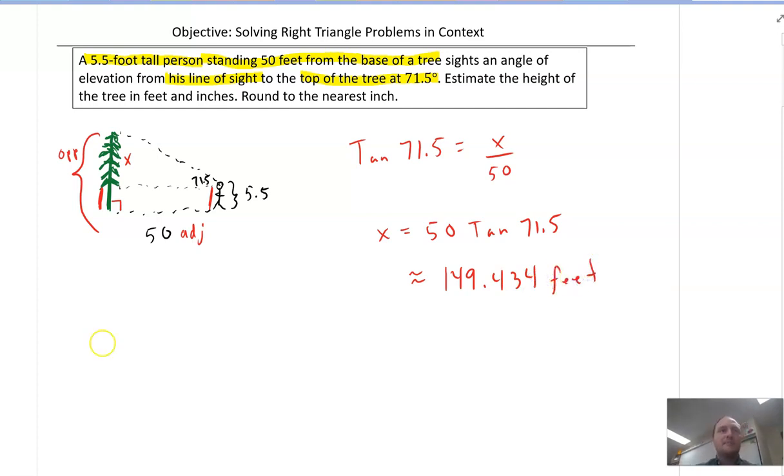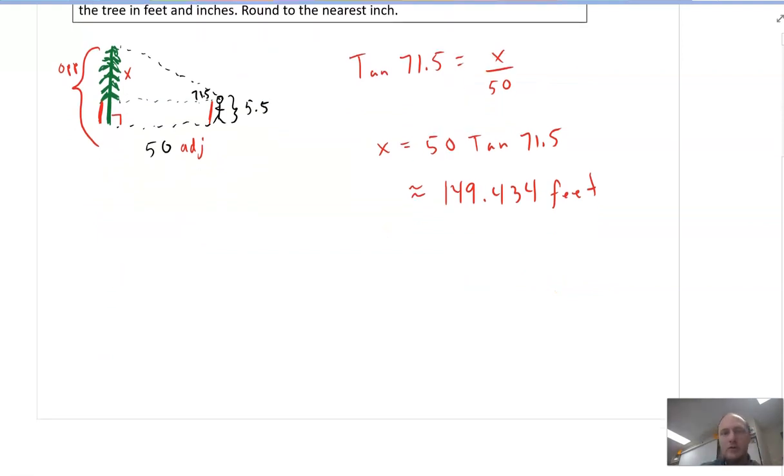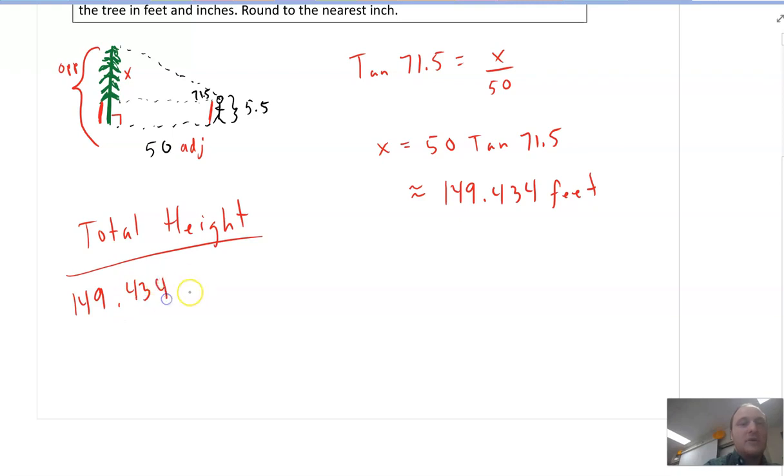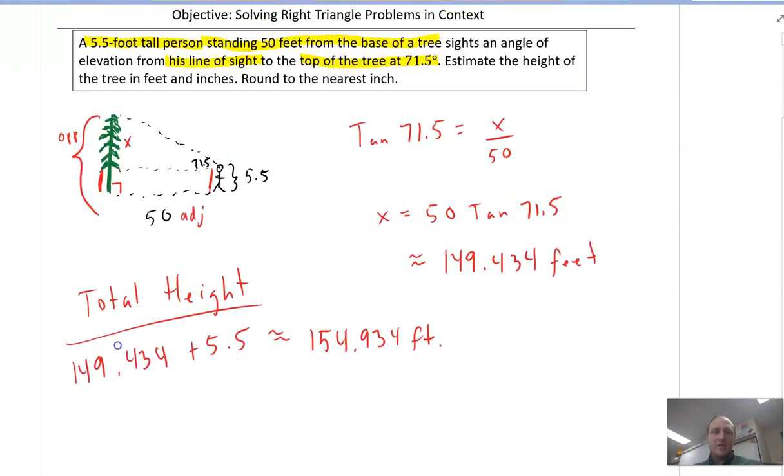Okay, all right. So what I want to do is find the total height of the tree. So I'm going to take this value, 149.434, and add 5.5 to it to give us approximately 154.934 feet. All right, so that's the height of the tree. I just added it to how tall that person was. Now, they want feet and inches.